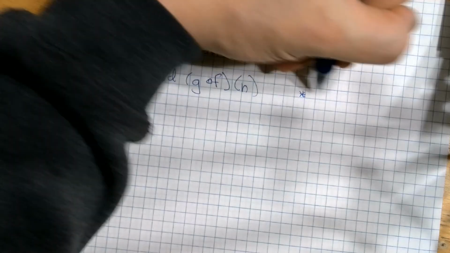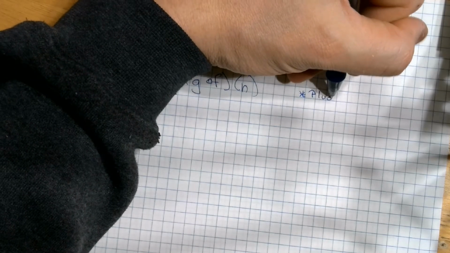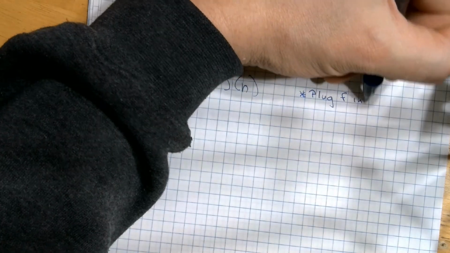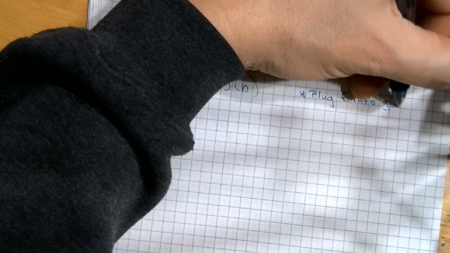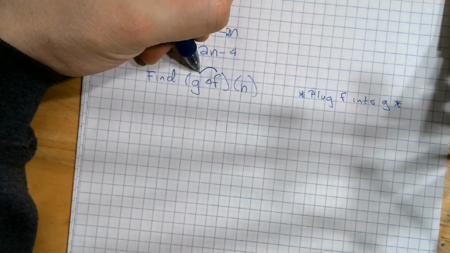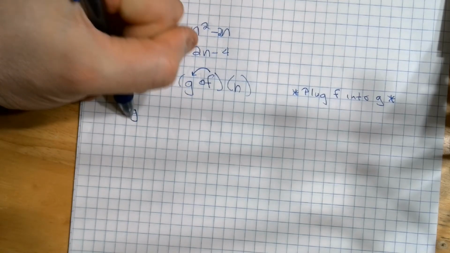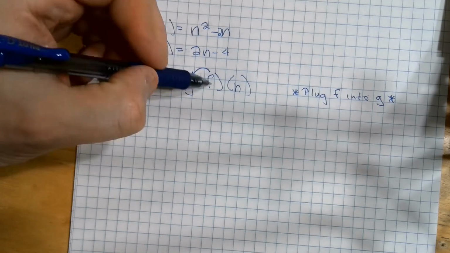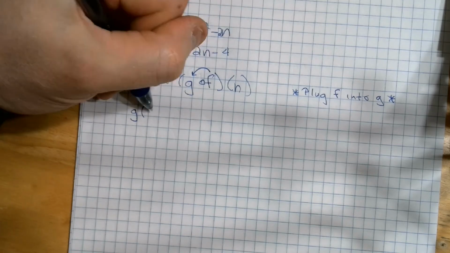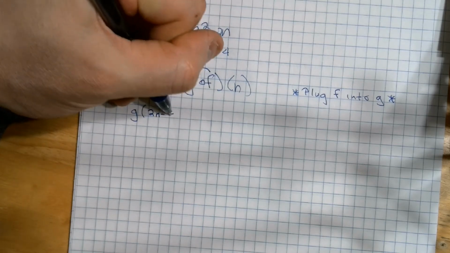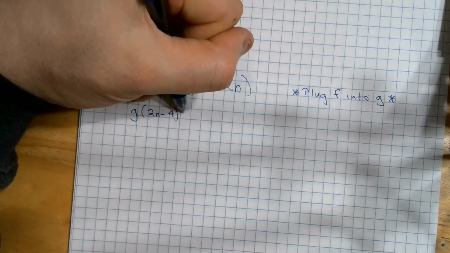So here I'm going to plug f into g. We're taking this one and plugging it back into that one. So that means I'm going to start with g and I'm going to substitute whatever function f is, 2n minus 4, in place of n.